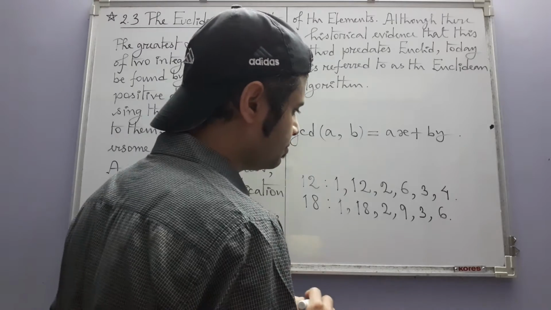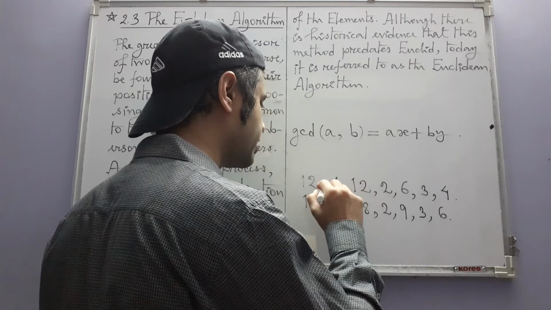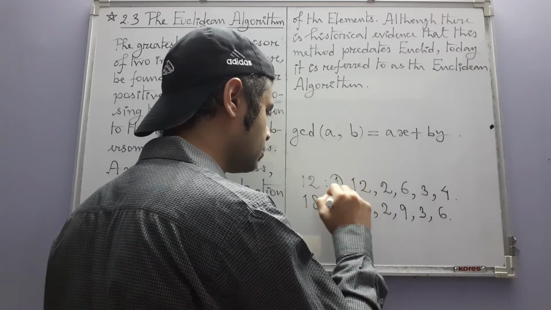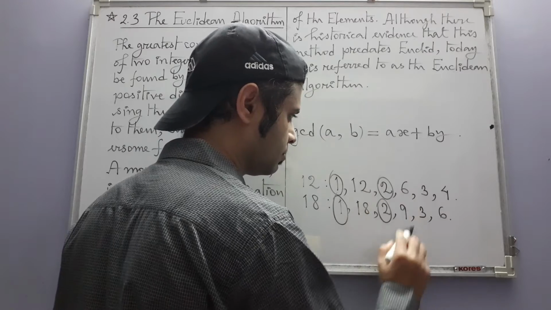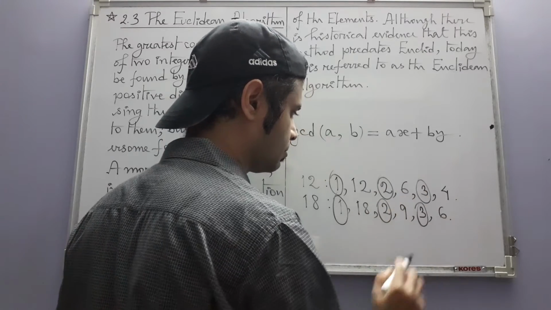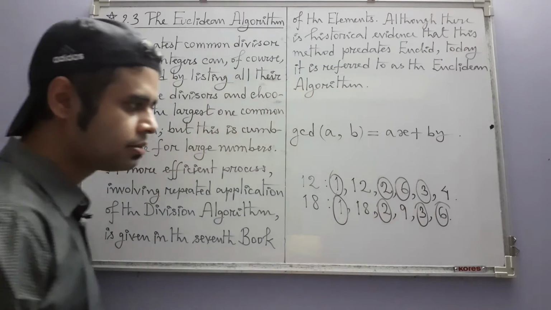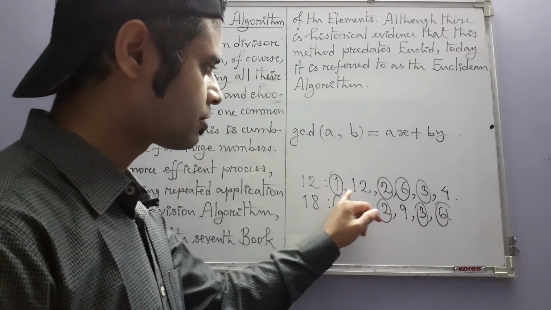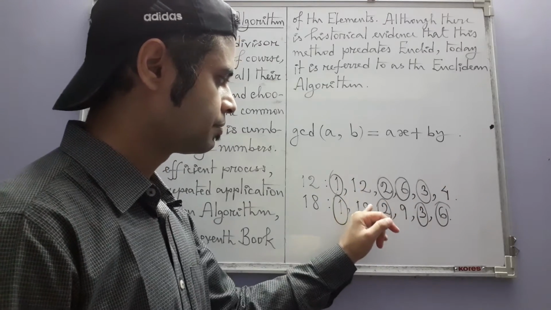Then what we do, among these positive divisors, we locate the common ones: 1, 2, 3, 6. Anything else? 9 does not appear here, 18 does not appear here, and that's just it.